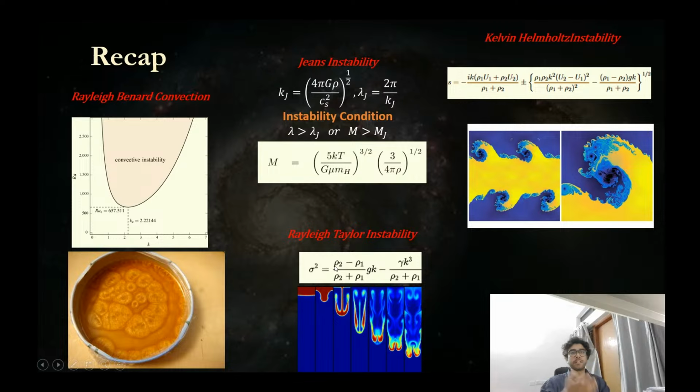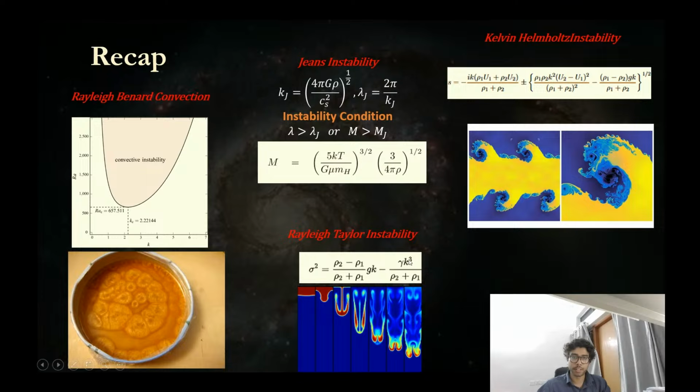The buoyancy is trying to get the lighter fluid at the top and the heavier fluid at the bottom, which is prevented by this surface tension term.